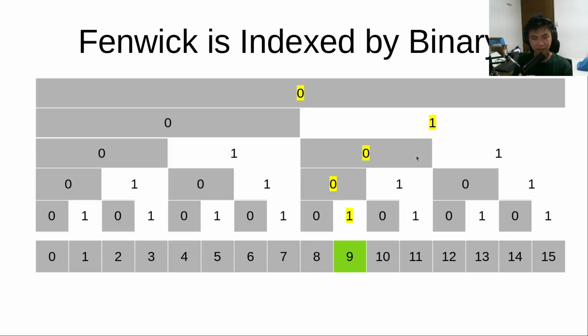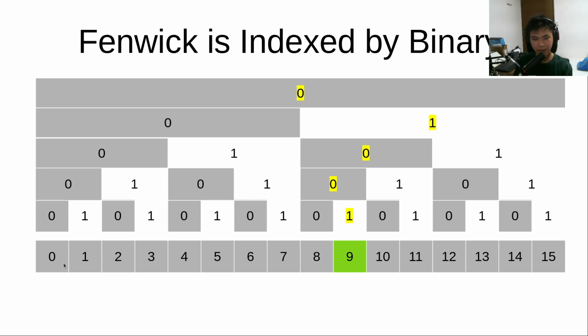If we bring this idea even further, we get the Fenwick tree. For example, index 9 over here, if we look at the Fenwick tree, the binary representation is 1001. And that's why we name the Fenwick tree the binary index tree.